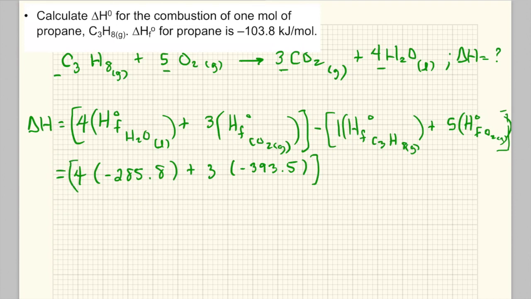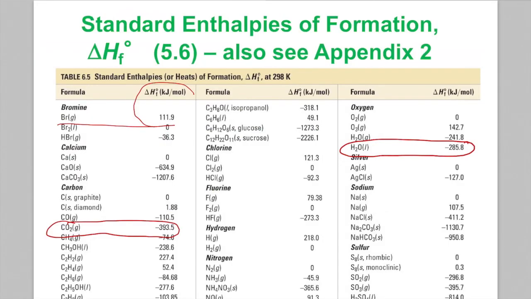So that's that half. Minus, we have 1. This wasn't given on our chart, negative 103.8 kilojoules per mole. Plus 5 times, and when we go to look at oxygen on our chart, you'll notice that oxygen gas is 0.